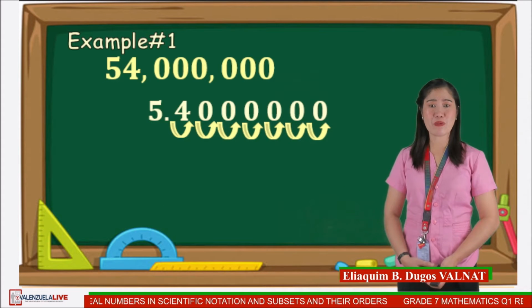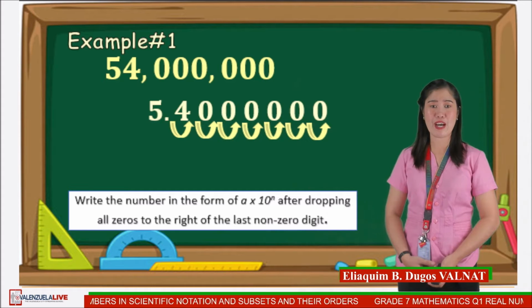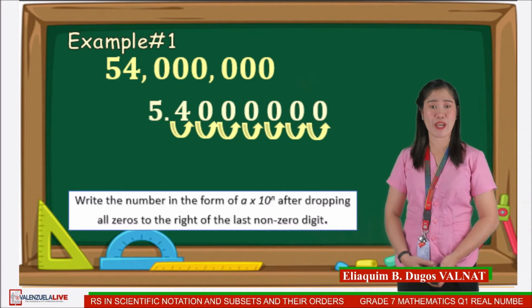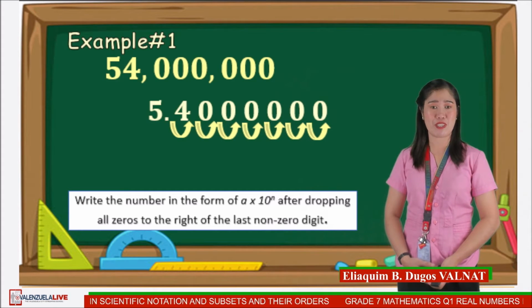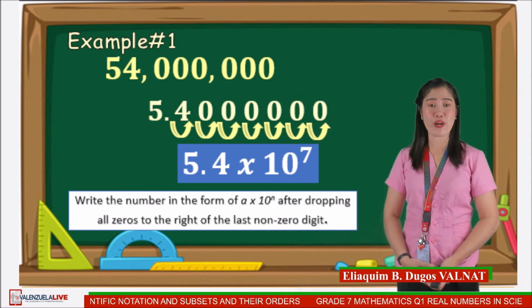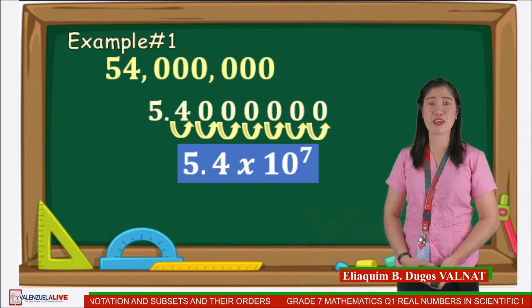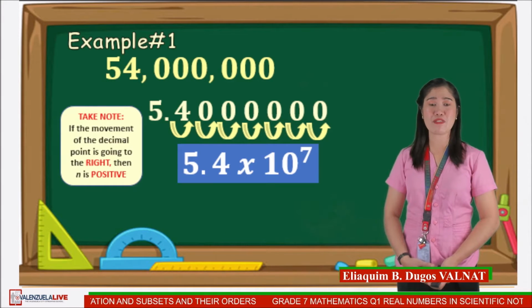Last, write the number in the form of a times 10 raised to n after dropping all zeros to the right of the last non-zero digit. And our answer is 5.4 times 10 raised to 7. Take note, grade 7, if the movement of the decimal point is going to the right, the exponent is positive.